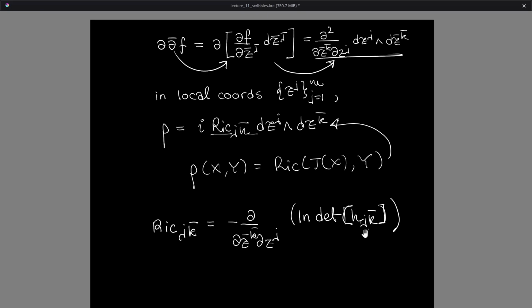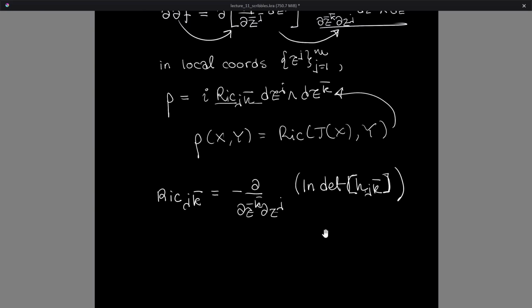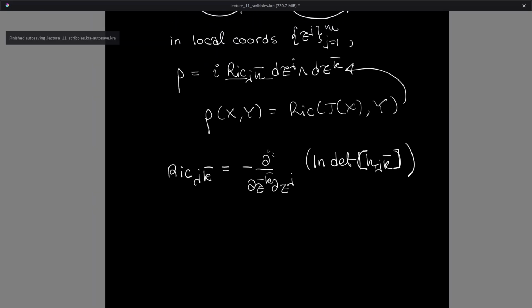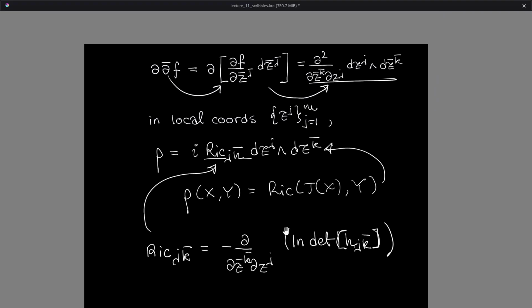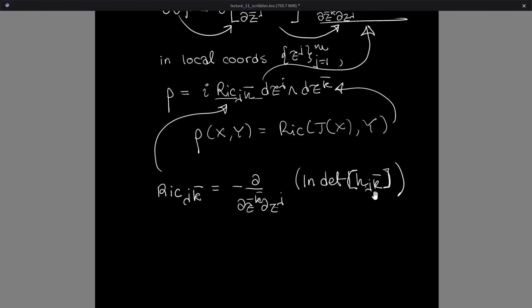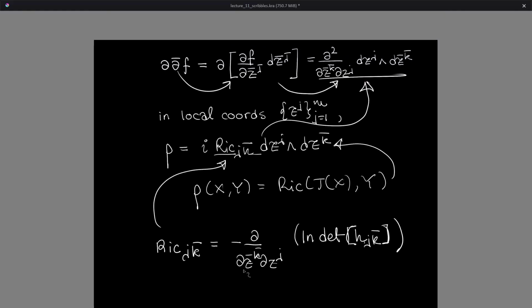If we substitute that here, we get that double partial derivative, and we have this basis of differential forms.